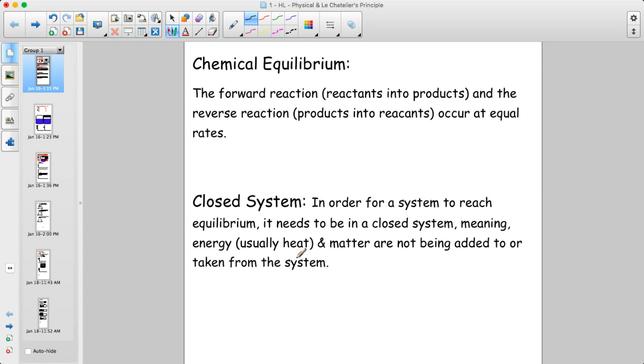Reactions like combustion are not reversible. They are not reactions that go to equilibrium. They only go in one direction. But there are plenty of reactions where, as you start to make products, the products then start to react and turn back into reactants.